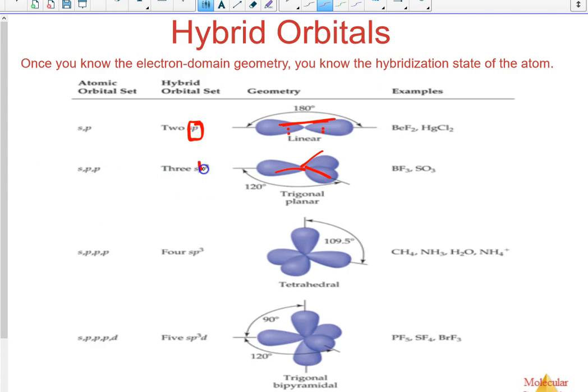Remember, S has a 1, and it will always add to whatever my electron domain geometry is. Okay, if my electron domain geometry is 4 or tetrahedral, I have an S and then all 3 P's involved, because that's how I add to 4.